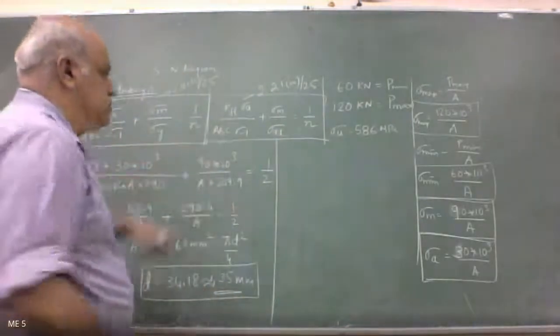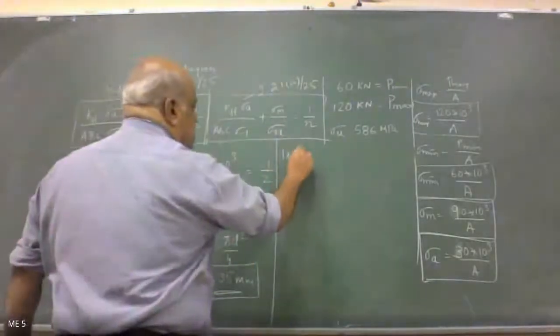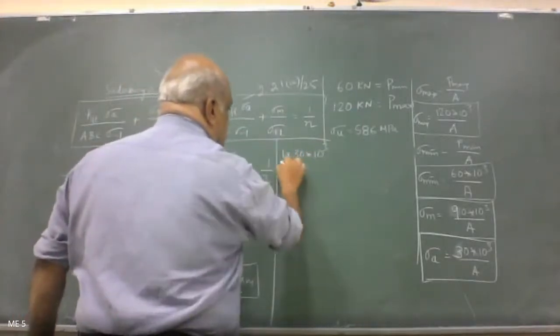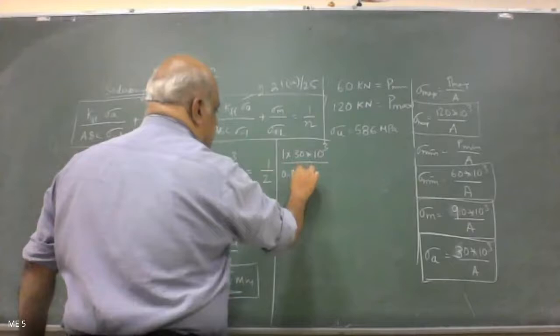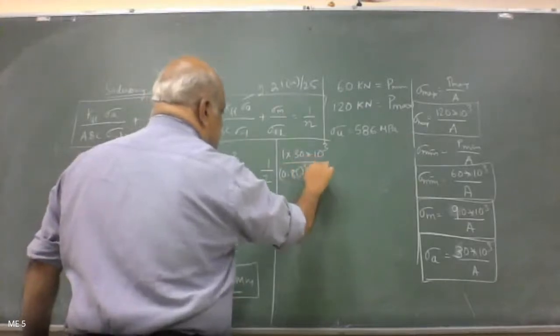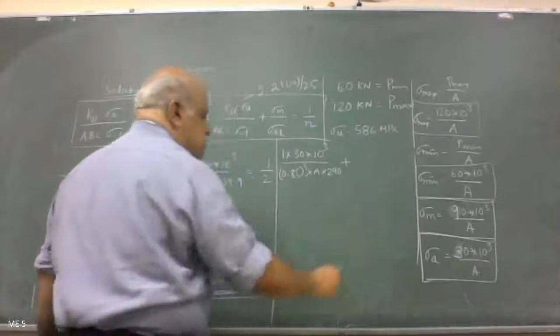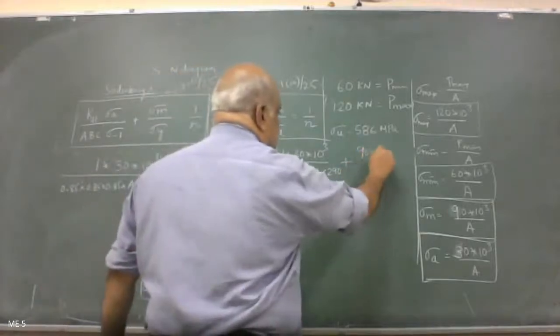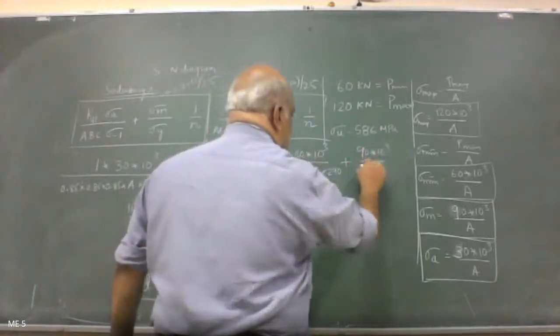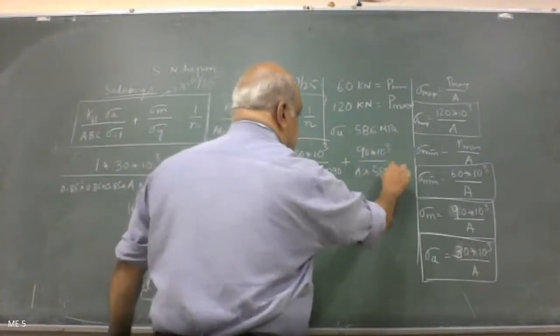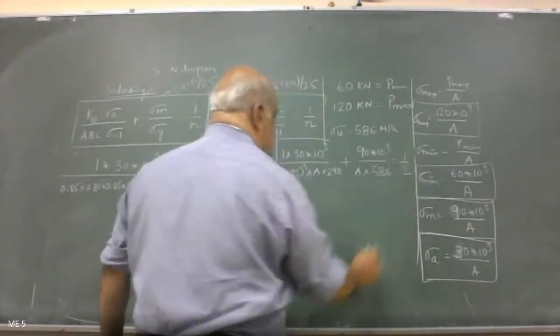by using Goodman's relation, 1 into 30 into 10 power 3 divided by 0.85 to the power 3 into A into 290 plus mean stress is 90 into 10 power 3 by A into ultimate stress is 586 megapascal, that is equal to 1 by 2.